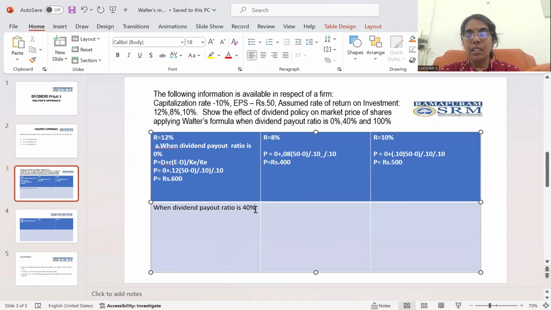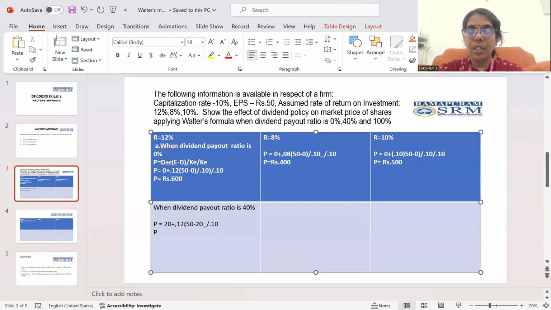Now the dividend payout ratio is 40%. Suppose the dividend payout ratio is 40%, the price of the share equals: EPS 50 into 40% is rupees 20, divided by 0.10, plus the rate of return 0.12, 12%, into E, which is 50 rupees, minus the dividend 20, divided by 0.10.